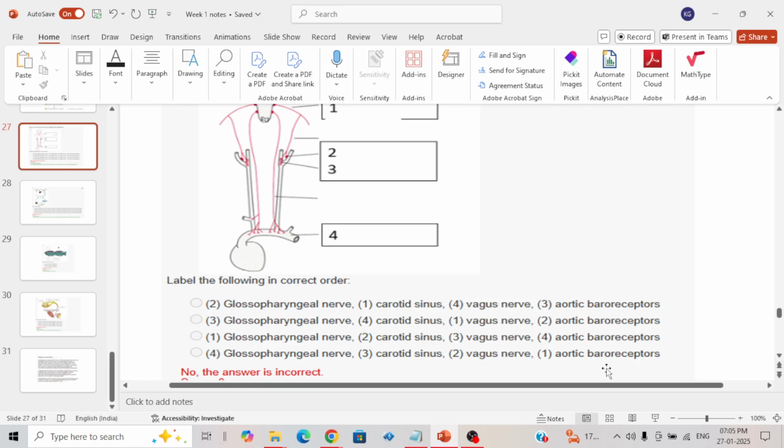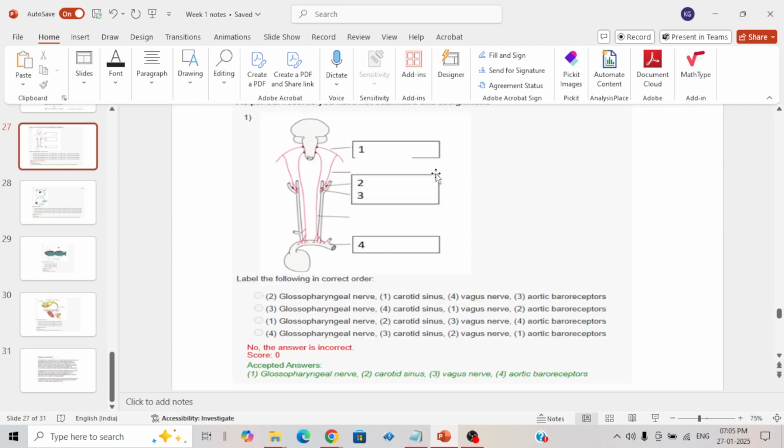To receive signals, ma'am. No. Baro means change in pressure. These are receptors that sense the change in pressure. Baro means pressure, so that's why they are called baroreceptors. So these are the aortic baroreceptors.